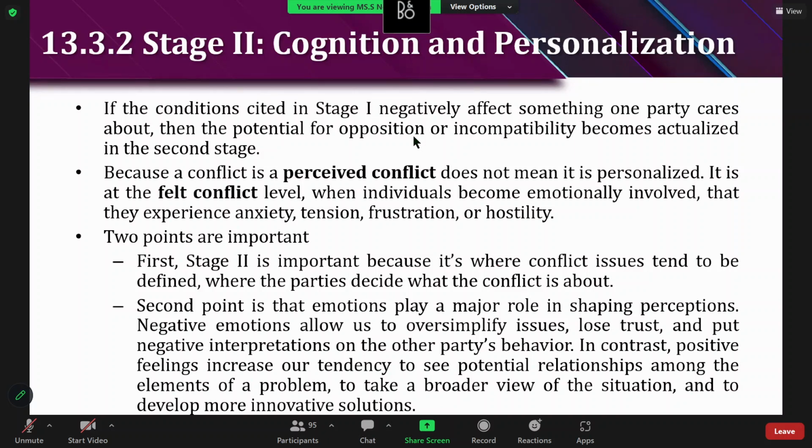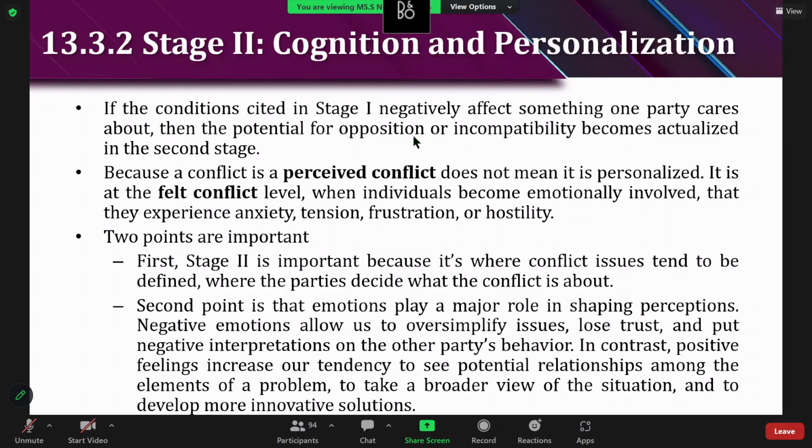The second point in stage two is that emotion plays a major role in shaping the perception. If the people are not emotionally involved, even if they perceive the conflict, there will be no issue at all. Only when they start to involve emotionally does the actual conflict arise. So emotions play a significant role in shaping this perception.